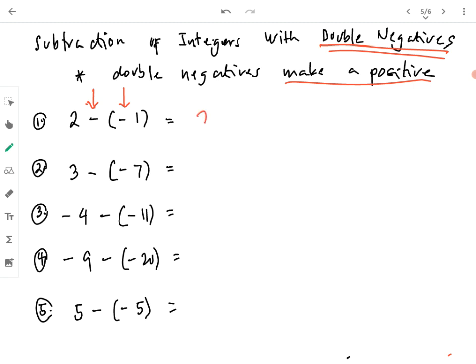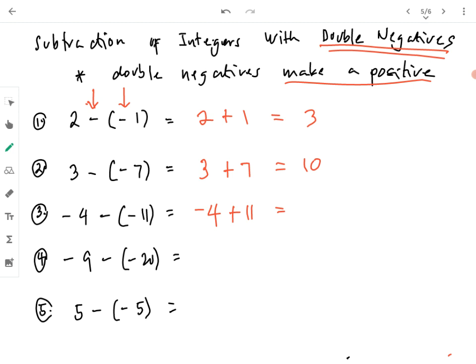So instead of saying 2 minus negative 1, we say 2 plus 1. That's 3. Next, 3 minus negative 7. Minus negative is a double negative, so that becomes positive 7, and that's 10. Here we copy negative 4. Minus negative 11 is plus 11.